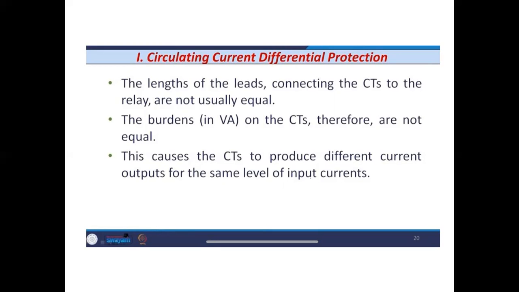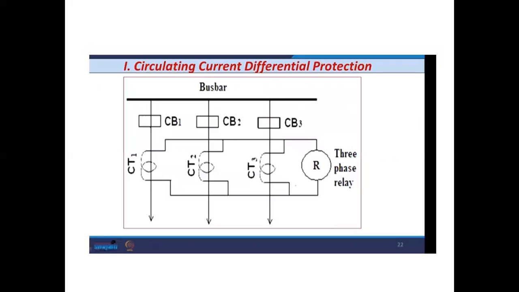You can see here, if I wish to apply the circulating current differential protection scheme for bus bar protection, this uppermost one is your bus bar, and these three are the outgoing feeders.